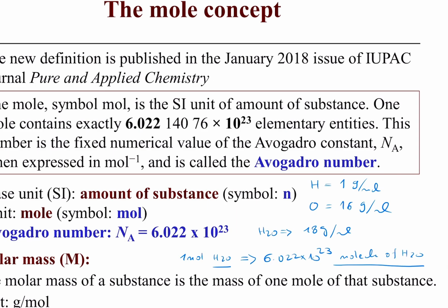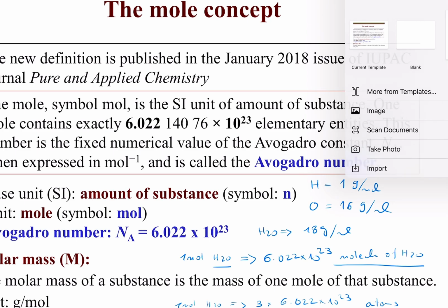Or we can say 1 mole of water, because every water molecule has 3 atoms, then we can multiply 3 times 6.022 times 10 power 23 atoms. It's very easy. We can use this system to find the amount of moles, and when we find the mole, we can also find the relation between mole and mass. For example, I write on the next page.